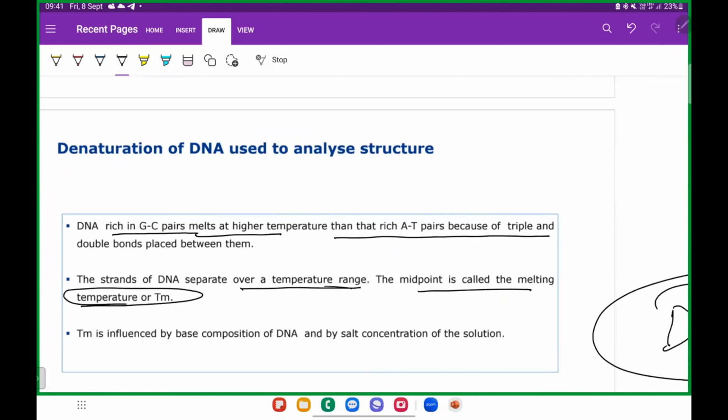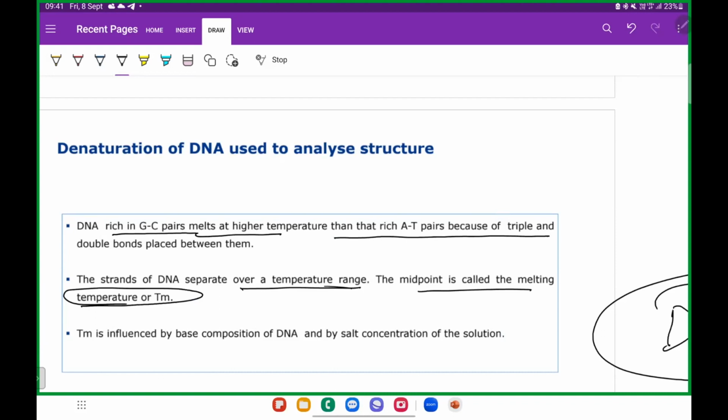What is Tm, or melting temperature? It is the point where 50% of the DNA gets denatured, and this depends upon the triple bond. If it is between guanine and cytosine, which have a triple bond, then it has a higher melting point compared to the double bond between adenine and thymine.